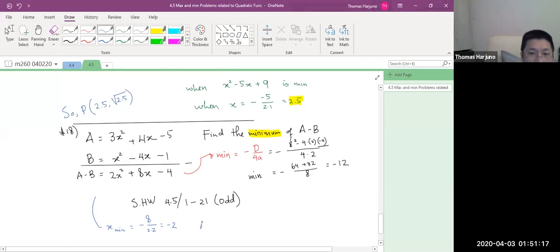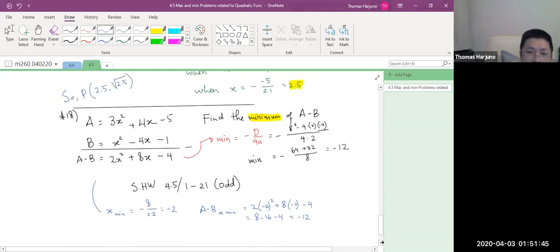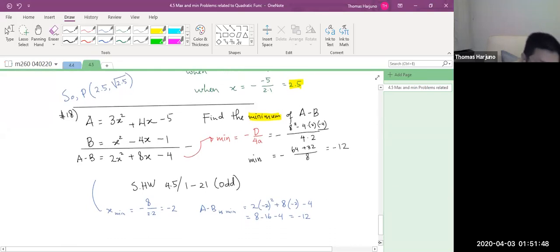So a minus b minimum, when you plug in x equals negative 2, that's 8 minus 16 minus 4, that's negative 12. So it's okay if you use negative b over 2a, but that gives you the x for a minus b to reach the minimum, but that's not the minimum itself.